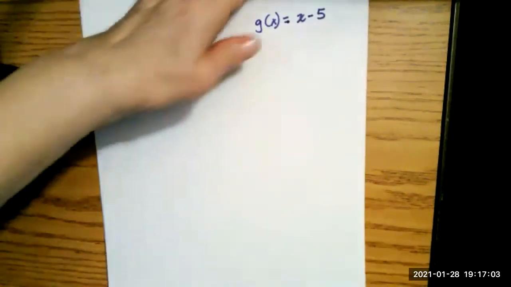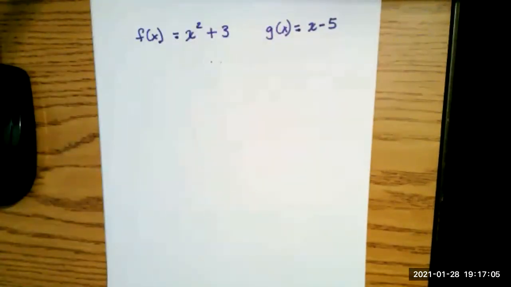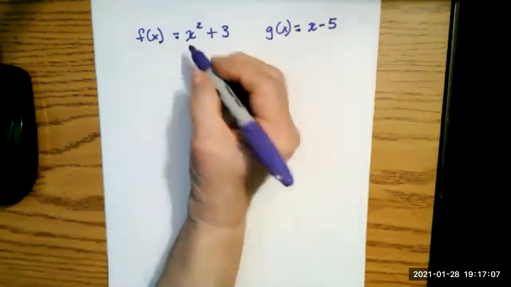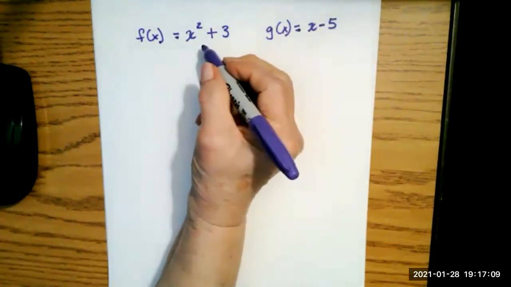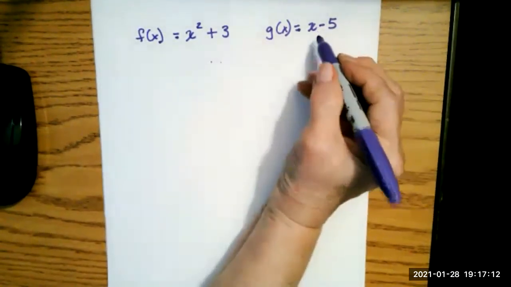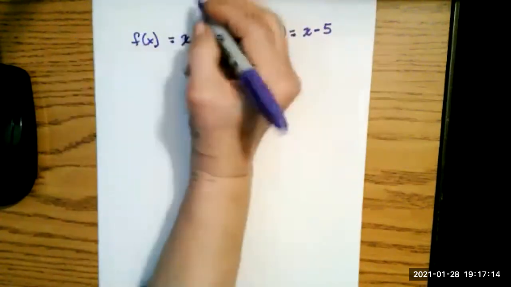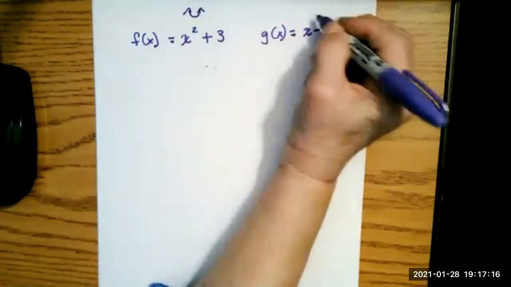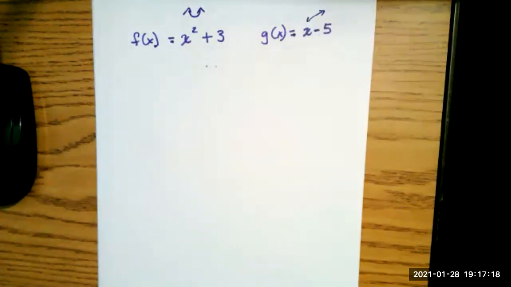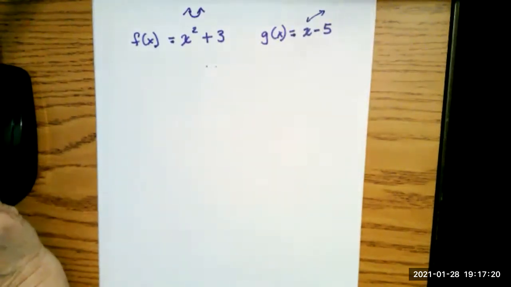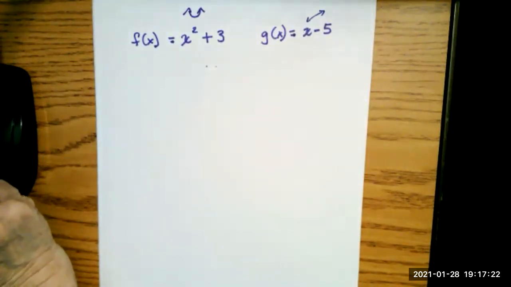Let's add, subtract, multiply, and divide them. This thing is a parabola. This thing is a line. Are you okay with that? That's kind of important for you to know later on, not necessarily now. What's the domain of a parabola and a line?